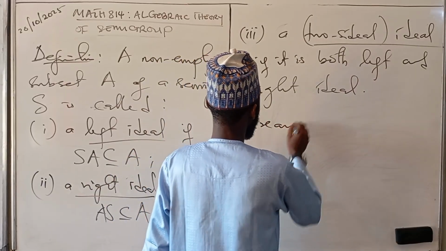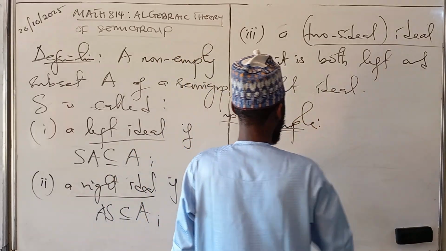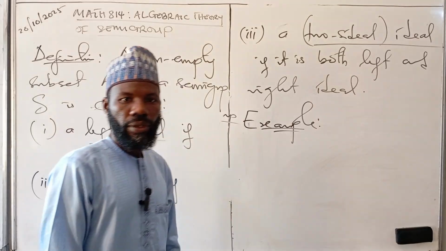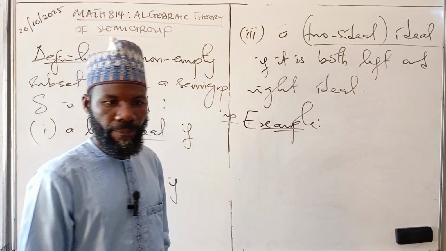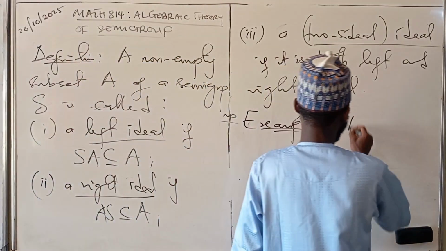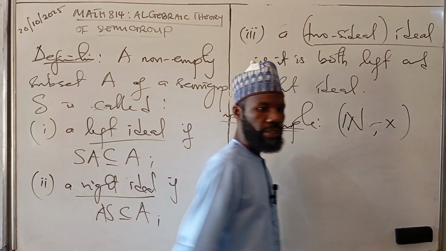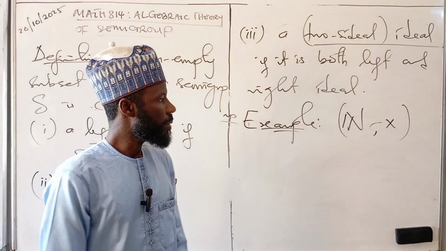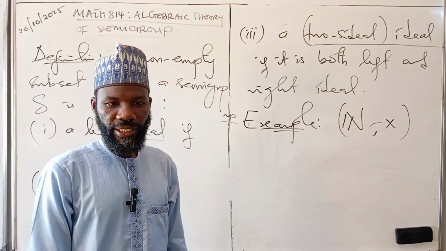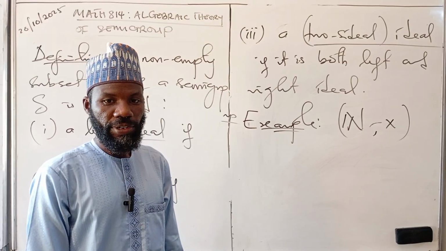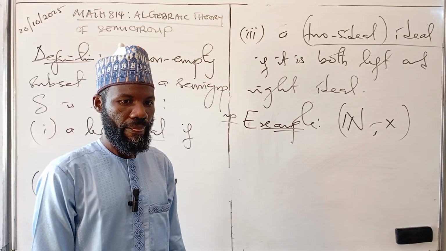We have an example. If you are in the semigroup of natural numbers with addition, you take the set of even natural numbers. The even natural numbers form an ideal.